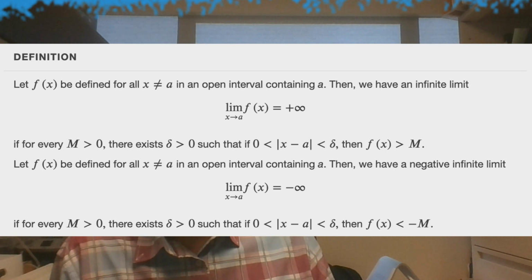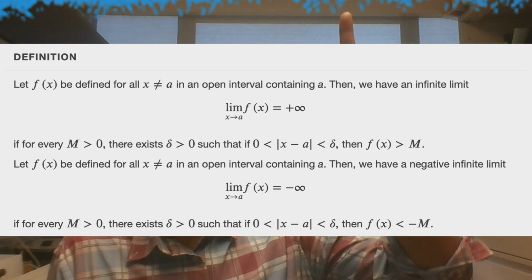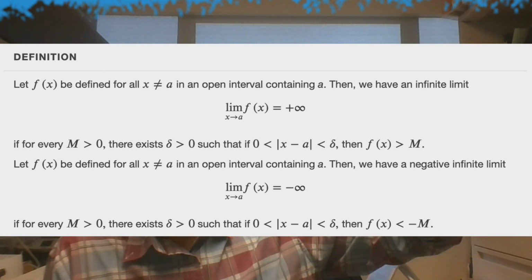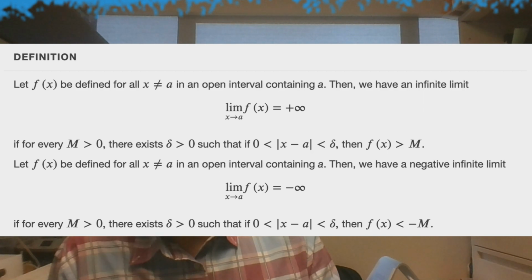I know this doesn't have an epsilon because you're not getting close to a number. You want to go above it, to positive infinity, or in the case of the second statement, to negative infinity.